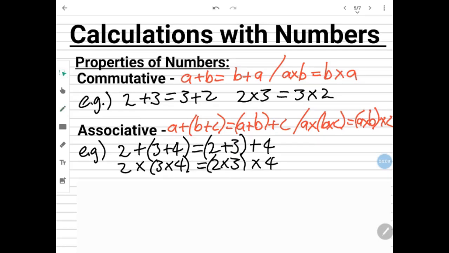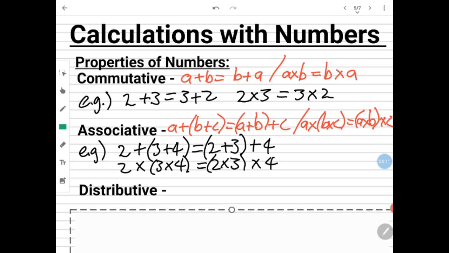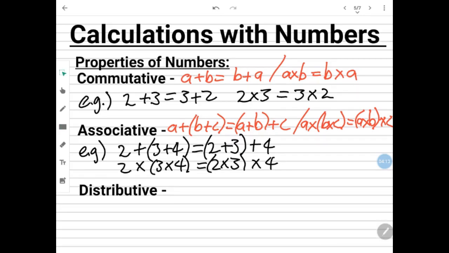Right, last one is the distributive property. So the distributive property only works with multiplication. Let's do an example. Right, if we now say it only works with multiplication, right? So let's say 2 times, there's the multiplication.